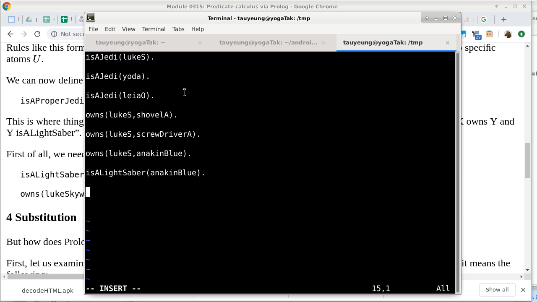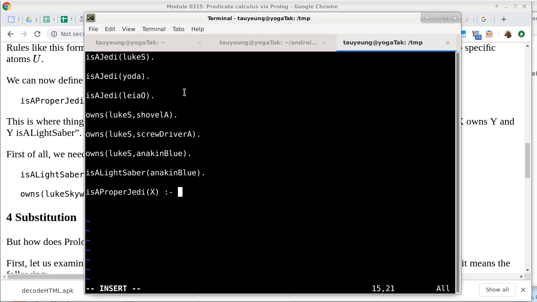And then we'll specify that rule that we were talking about a little bit earlier, is a proper Jedi X is implied by. When you look at this symbol, instead of thinking, oh, it is implied but it's backwards, you can also just think of it as implied by or only if. Those are equivalent ways of saying it in logic.